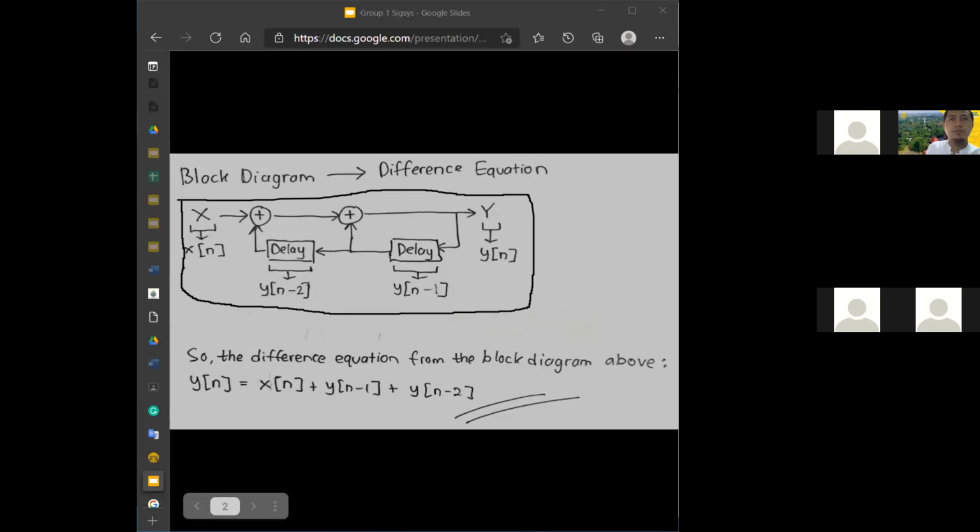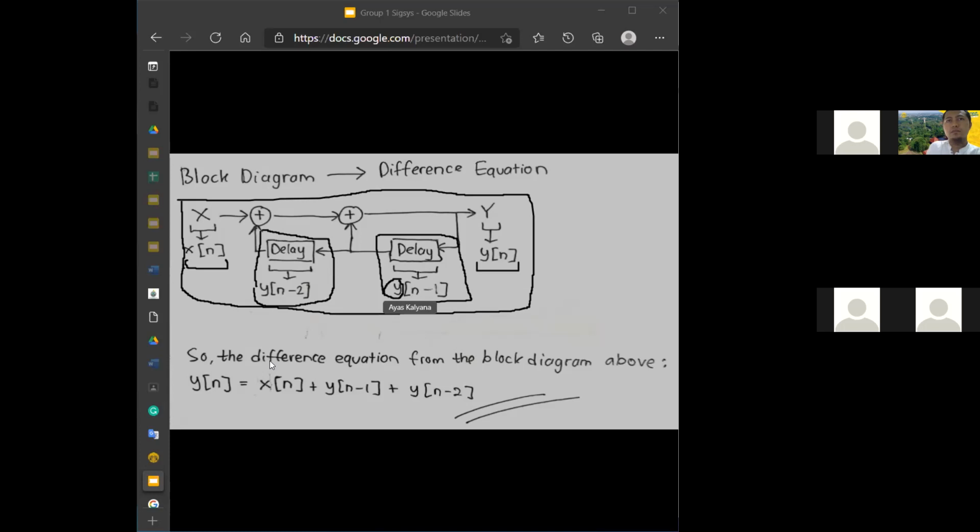So basically, the input of this block diagram is x[n], while the output is y[n]. And as you can see from the problem, there are two delays. The first delay right here, and the second one right here. Pay attention to the variable of the delay.